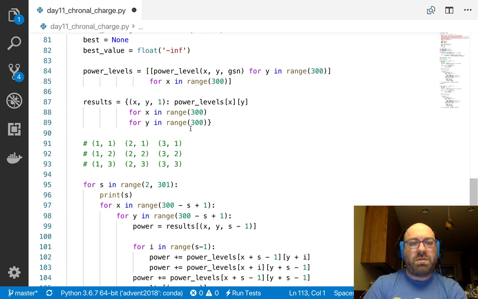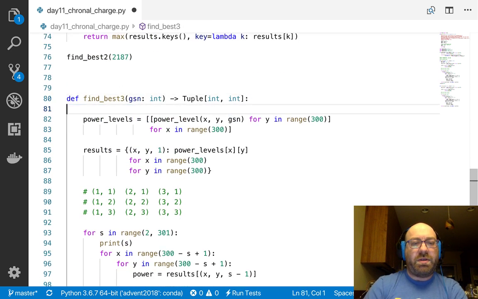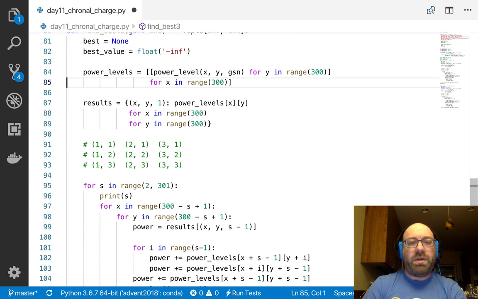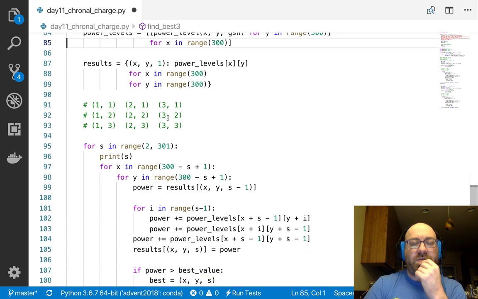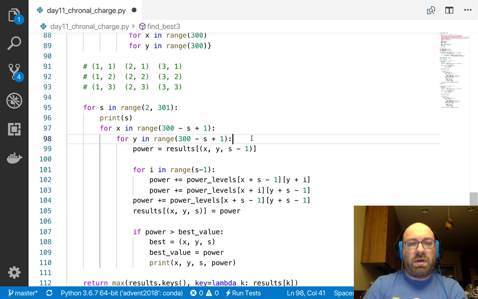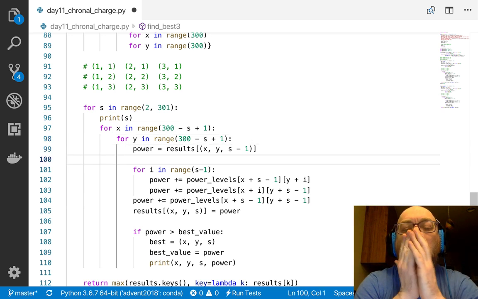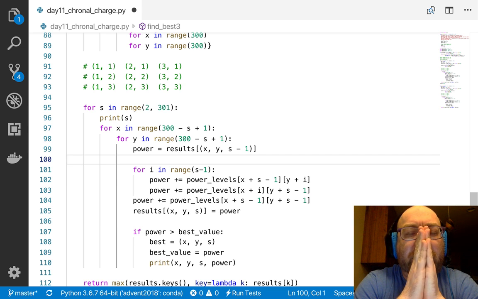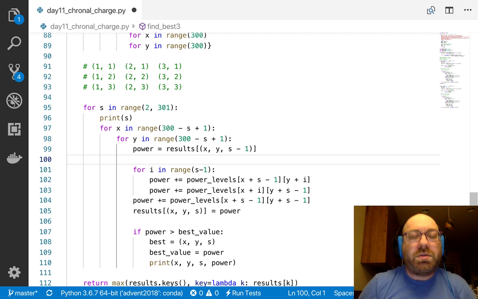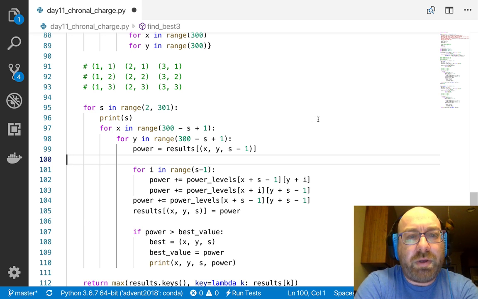So for instance, what if I do find best 3 and I'll get rid of this. Actually, I won't get rid of that. And so I have this, right? But these are only squares. Okay, so what I want to do is something like the following.